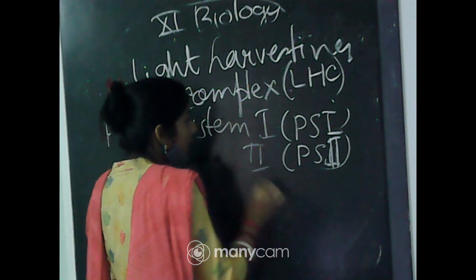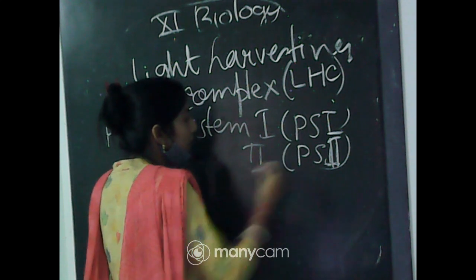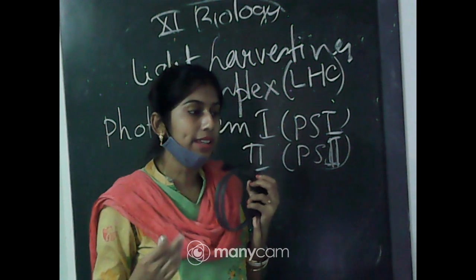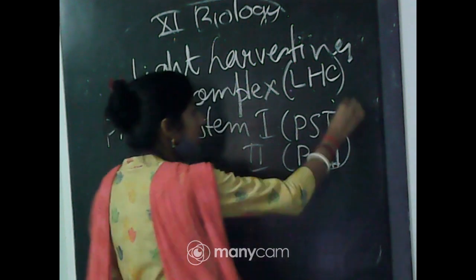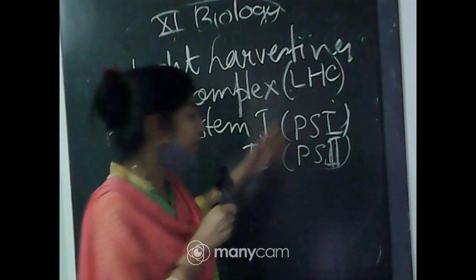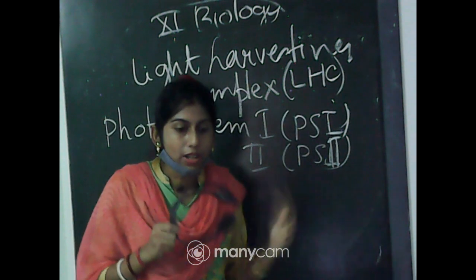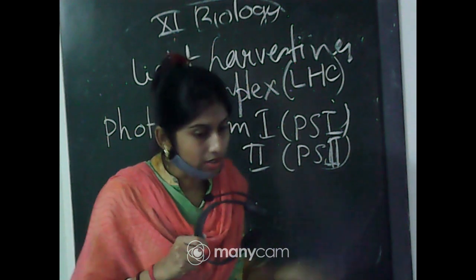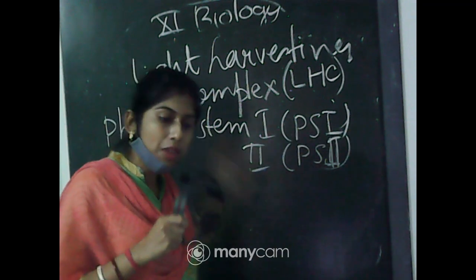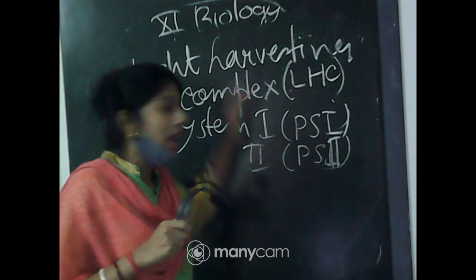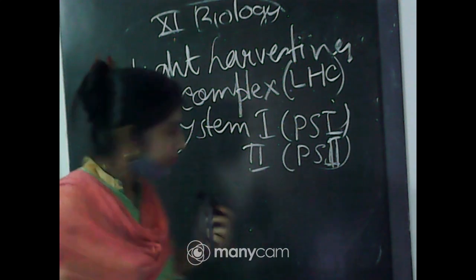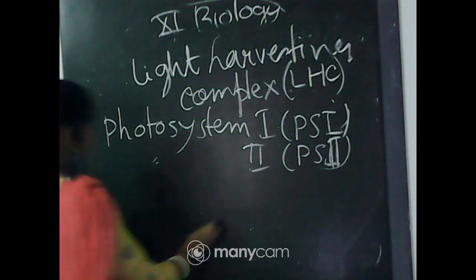Why is it not that PS1 is used first? As I have mentioned, these are named according to their discovery, not according to their function. As PS1 was discovered first, that's why it is named PS1, and later PS2 was discovered.